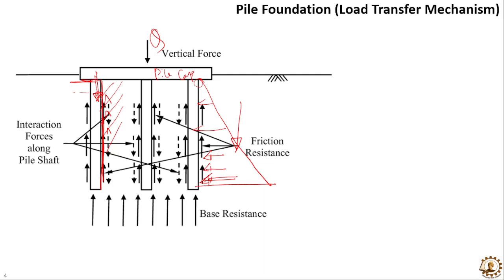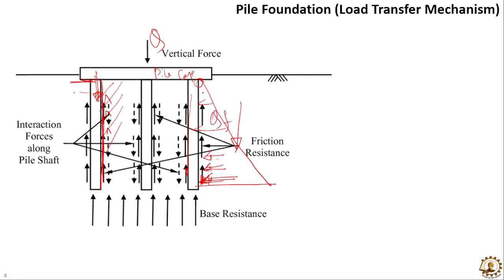So the resistance will also increase, because when the pile penetrates inside, as the lateral force is higher there, the resistance developed is much higher compared to near the ground surface. This is known as the skin friction.